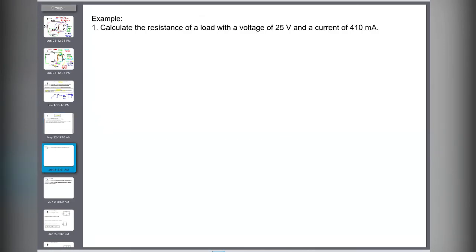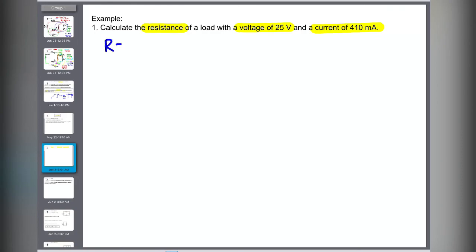And so example number 1. These are just straightforward, just keeping things in SI units. Let's read through the question. Calculate the resistance of a load with a voltage of 25 volts and a current of 410 milliamps.